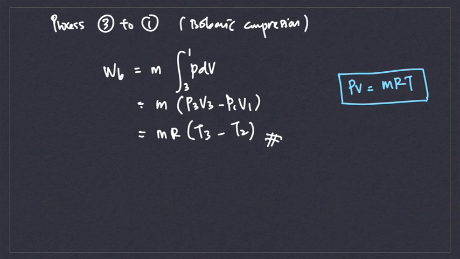Expanding the integration, we have mass multiplied by (P3V3 minus P1V1), and PV can be replaced by the formula mRT. We already have the temperatures, T3 and T1, and we have the gas constant and mass, so we can determine the boundary work for process 3 to 1.